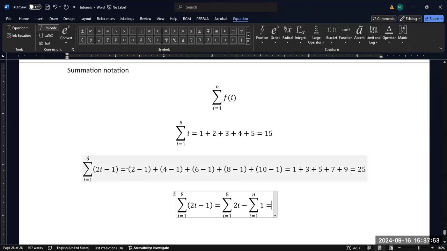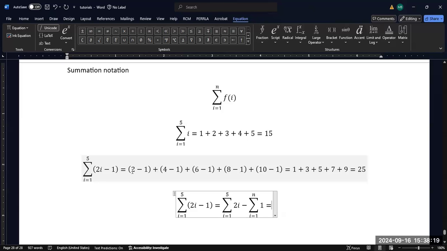Because notice that if I just rearrange these additions, I can take my minus 1 and my minus 1 and my minus 1 and my minus 1 and my minus 1. I have 5 minus 1s. I can collect them together. Each time I have an index, I put on another minus 1. It doesn't change. It's just always minus 1. I end up with 5 of them, and I can put them together.